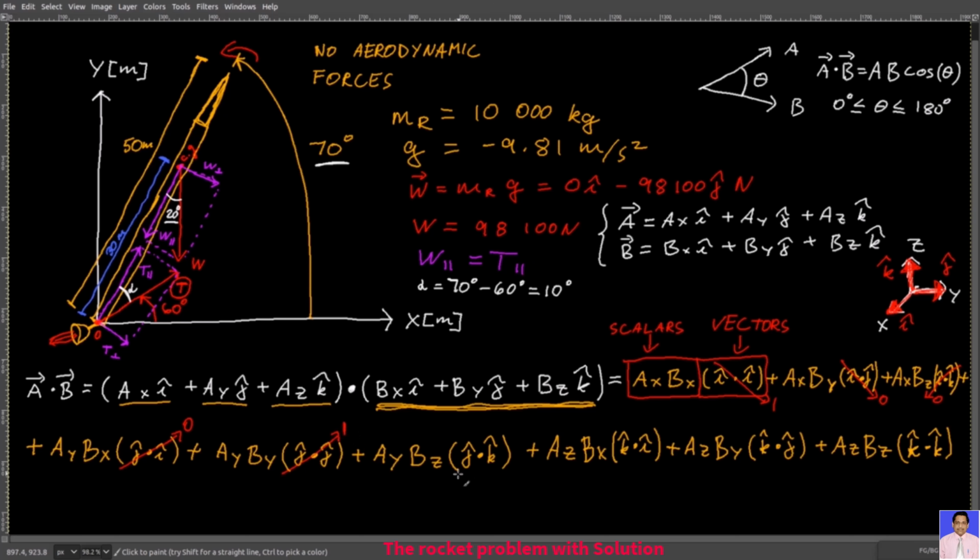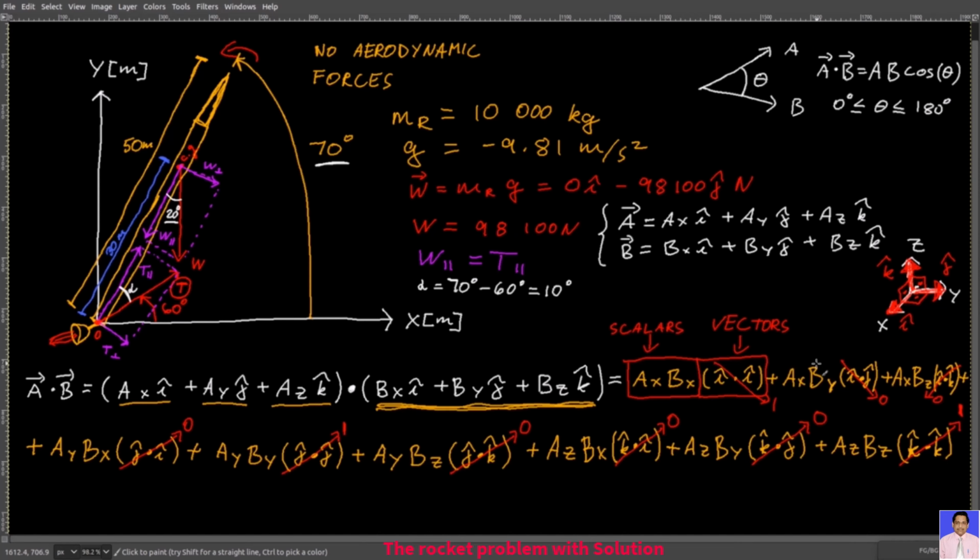Then j dot k, the angle between them is 90 degrees, so it's 0. You can see it here. You have 90 degrees pretty much everywhere. And so k dot i, that's 0. k dot j, that's 0. And then k dot k, that's 1.